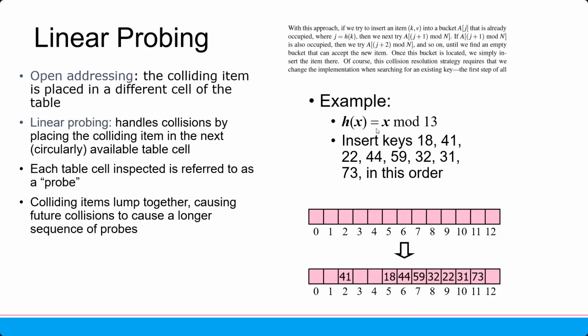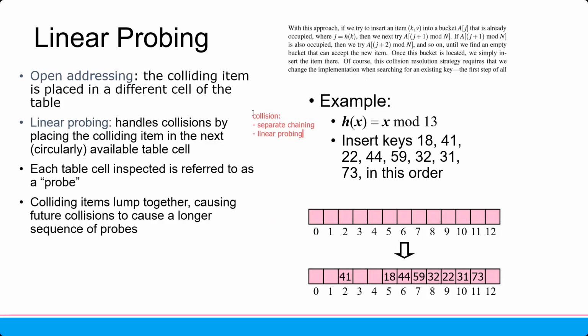There is another way to deal with collision. When we have collision, the first is separate chaining, which means I just make another new chain. The other is linear probing.